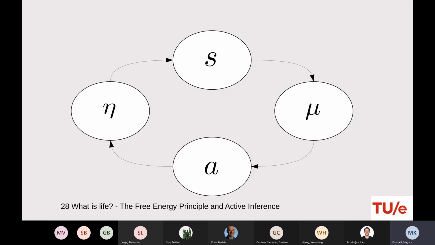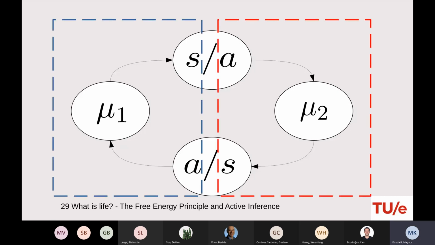And one thing we can do, for instance, is we can sort of partition this way, where we say, hang on, the world is also composed of an agent with its own Markov blanket, with its own sensory and active states. And now the active states of one agent become the sensory states of another. That is, when I do something, I influence you, and in turn, when you do something, you influence me.